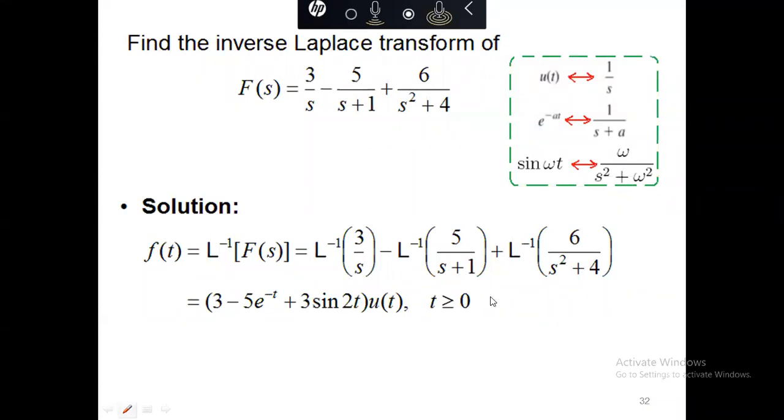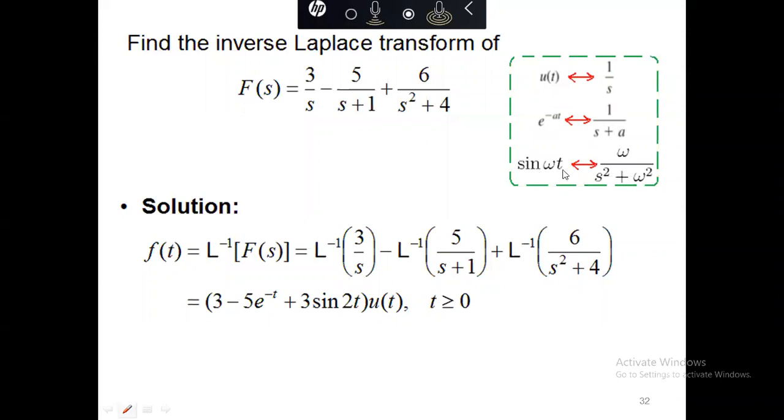So we have seen that the unit step function has a Laplace transform pair 1 by s, and e to the minus at u(t) makes a Laplace transform pair with 1 over s plus a.